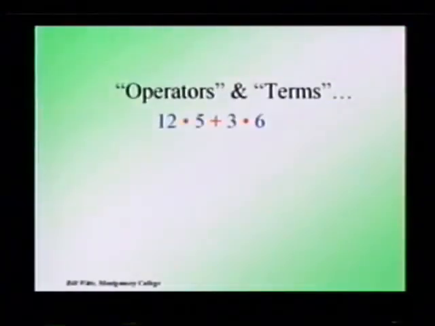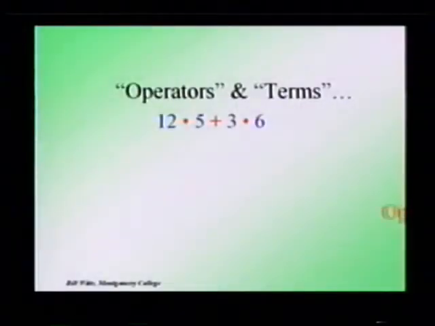Pay attention, son. This is for your own good. Okay, now we've covered the 4 basic operations: addition, subtraction, multiplication, and division, and exponents. Okay? We're going to mix them all up now, but let's get the words right. Consider what I'm talking about when I say, for instance, operators. Let's take a look.